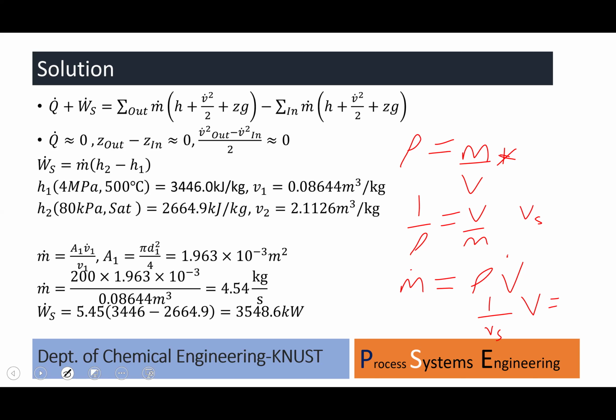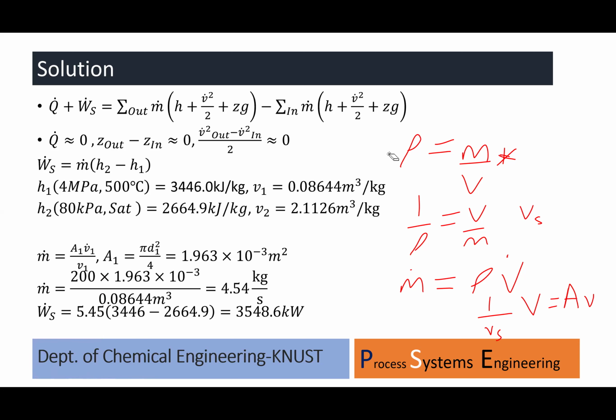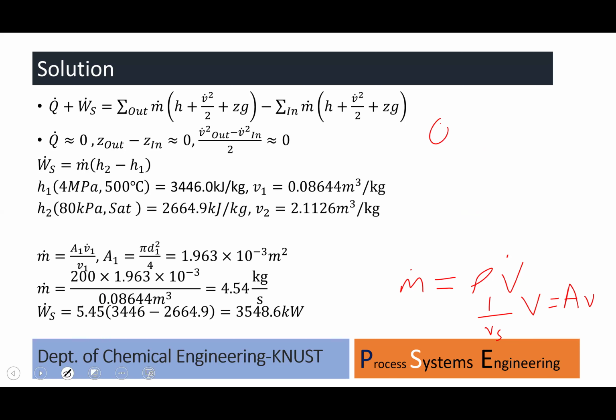So this volumetric flow now, I can make it area times velocity. So one thing to notice is that volumetric flow is area times velocity. Let me represent volumetric flow with Q. So we can have Q equal to our area times our velocity, right?